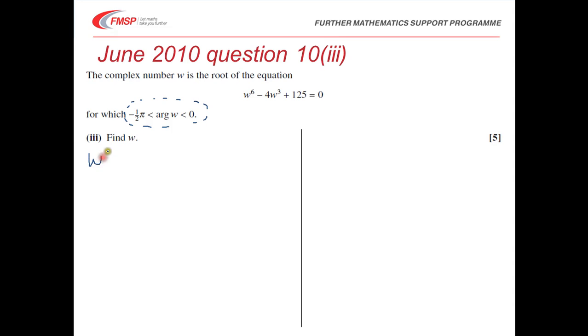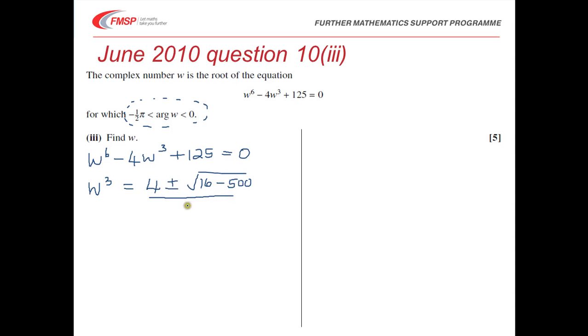So we have w to the 6th minus 4w cubed plus 125 equals 0. So using the quadratic formula, we will be finding w cubed, which will be minus b, minus negative 4, which is plus 4, plus or minus the square root of b squared, which is 16, minus 4ac, which will be minus 4 times 125, which is 500, over 2a, which will be 2.